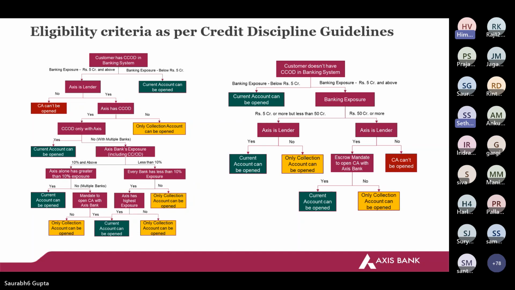Annexure 2 is an Excel calculator available in the WBP Academy, wherein the customer or the BD or the sales resource can input all the lending relationships of that particular customer, the percentage, the amount, etc. Based on that, the Excel itself will calculate and show the output whether that customer is eligible to open a current account or not, or whether only a collection account can be opened, etc. Annexure 2 is mandatory in case of customers with credit exposure to the banking community. So that's Annexure 1 and Annexure 2.